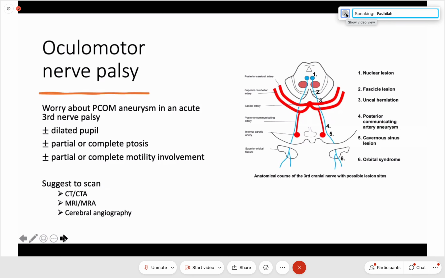The best is, of course, MRI and MRA, but CT and CTA can give equivalent quality in terms of detecting aneurysm. But the gold standard of imaging is, of course, cerebral angiography. So bottom line, acute third nerve palsy, new onset, fresh in hand, scan the patient.